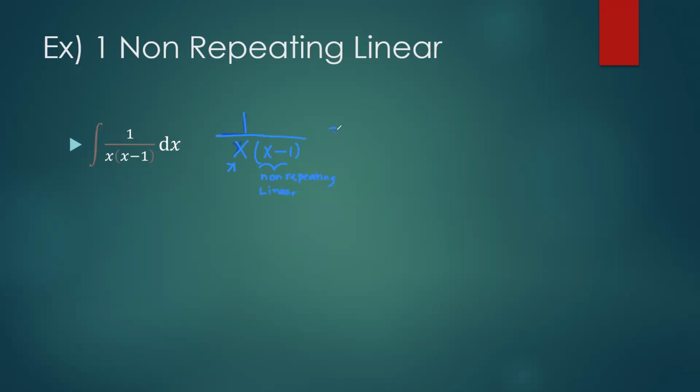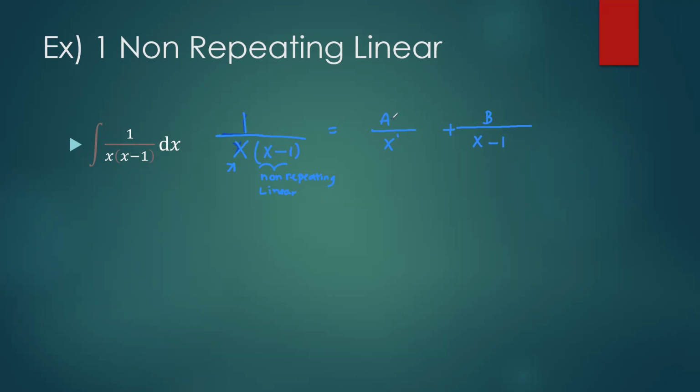Okay, so what you're going to do is set it up like this: A over x plus B over x minus 1. So you need an A and a B, because remember with partial fraction decomposition, the degree on the top must always be smaller than the degree on the bottom.